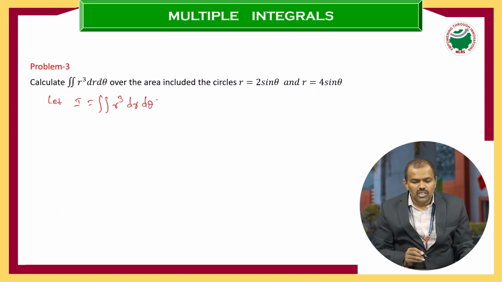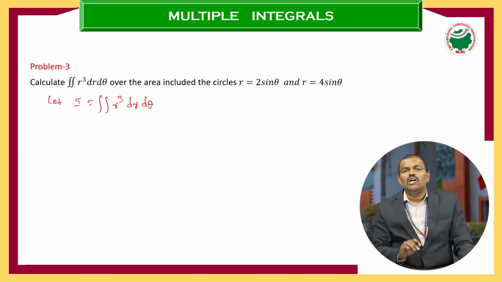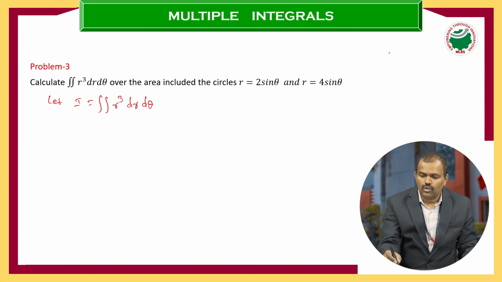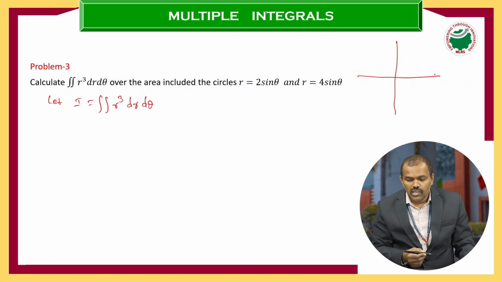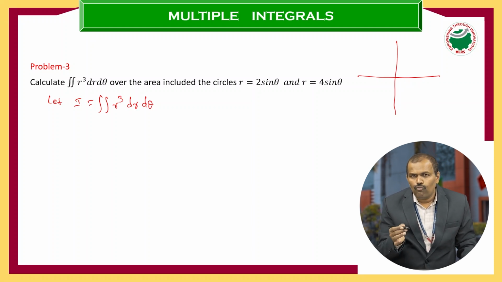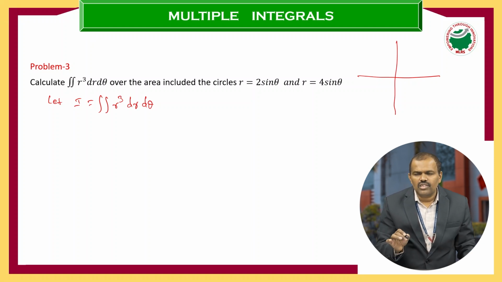Where the region is bounded, where the area is included between the circles r is equal to 2 sin theta and r is equal to 4 sin theta. As usual, we have to take the initial line and the perpendicular line. r is equal to 2 sin theta represents a circle.